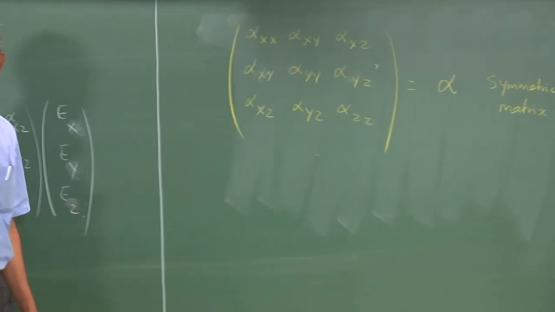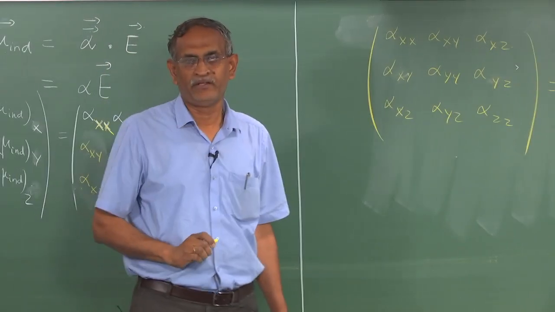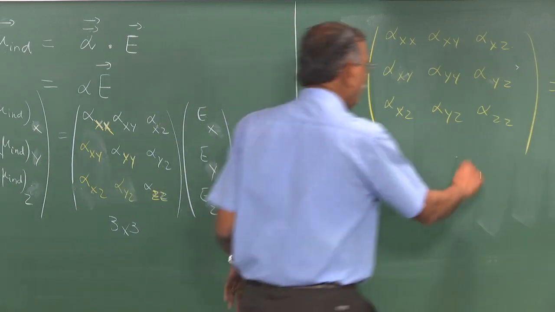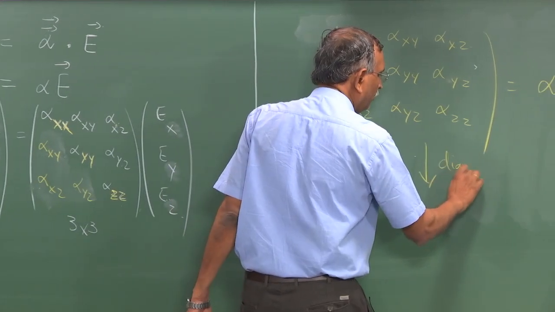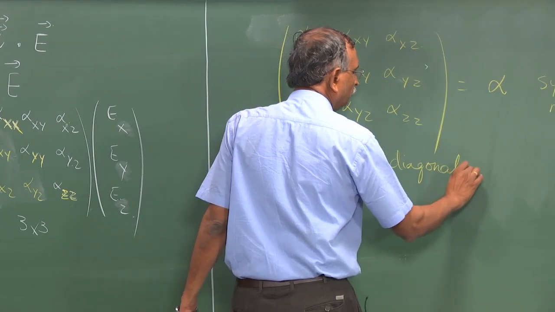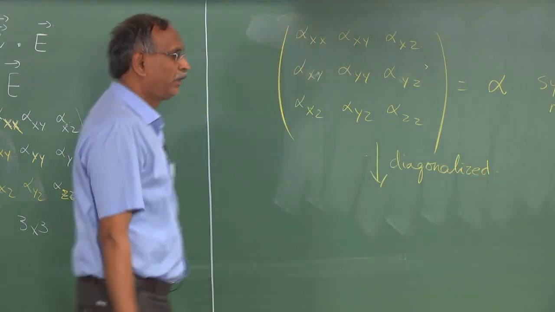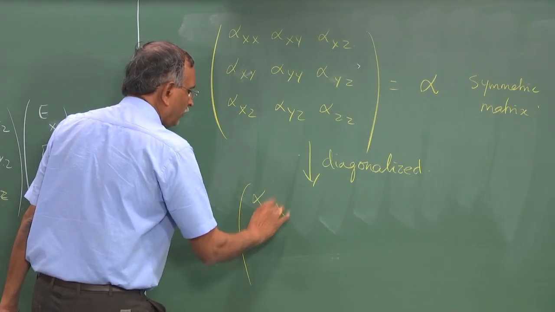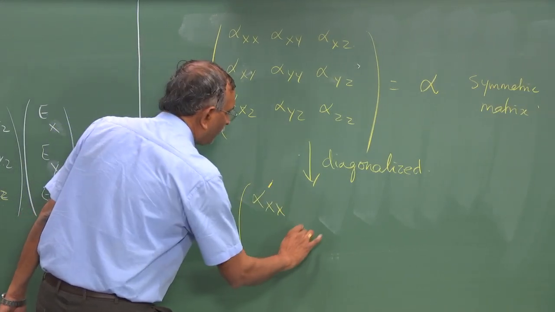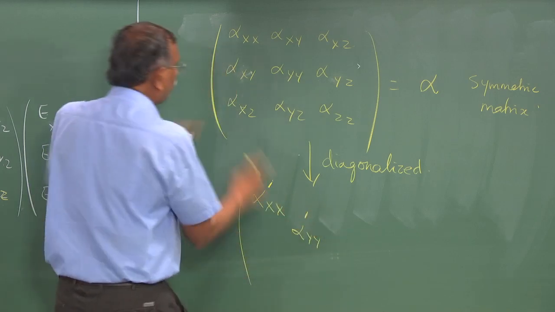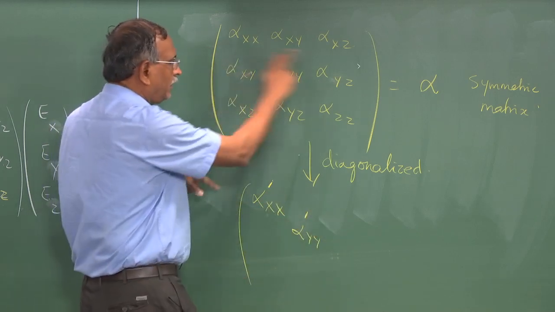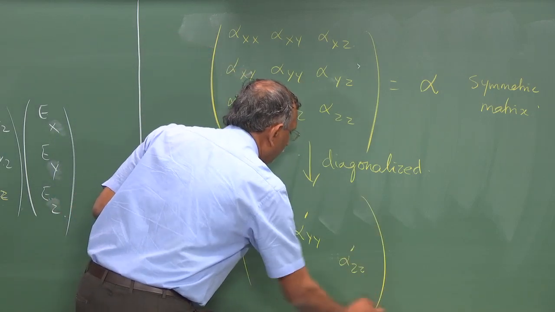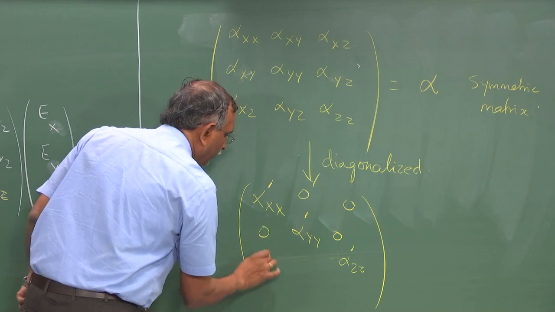Symmetric matrices have the property that they can be diagonalized to give only what are known as diagonal elements. That is, this can be diagonalized to give the final form of some alpha xx prime, alpha yy prime, and alpha zz prime with zeros everywhere else. This is not the same as that, but it comes after diagonalizing this matrix.